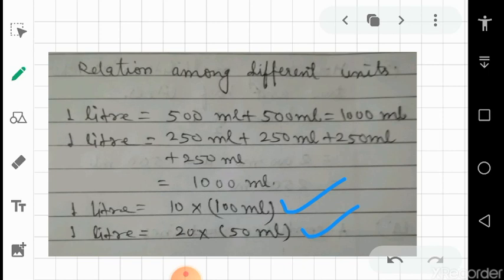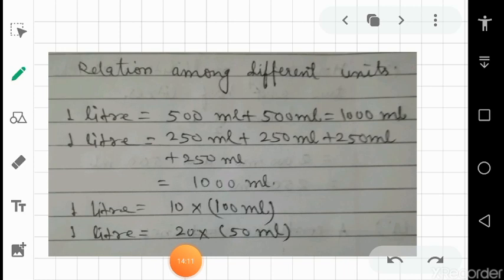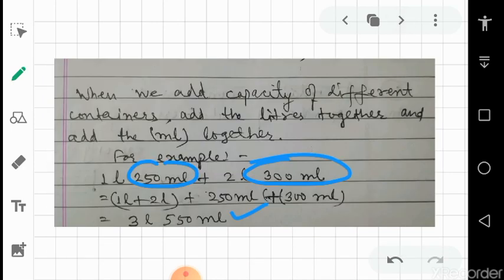Now you must remember the conversion from higher unit to the smaller unit and from smaller unit to the higher unit. For example, if you convert a liter into milliliter, you multiply by 1000, and if you convert milliliter into liter, you divide by 1000.